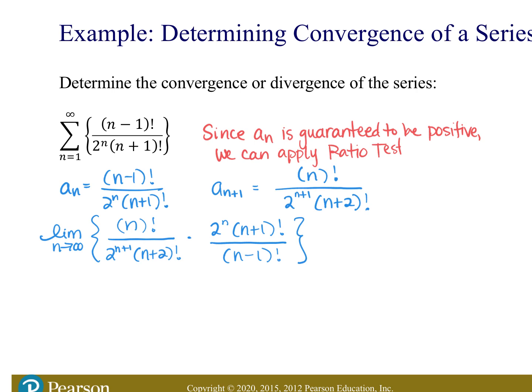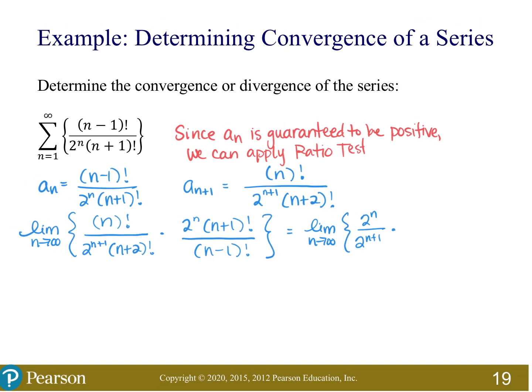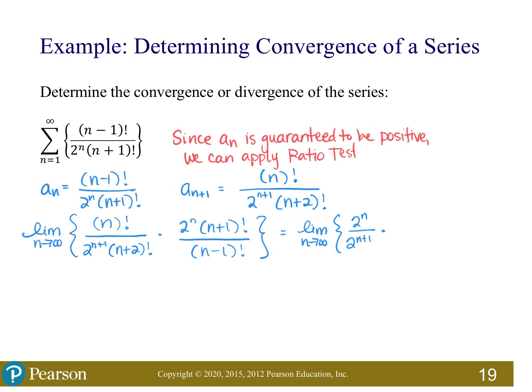And then I always line up and I group my terms that are similar to each other. So I'm going to start with the 2 to the n over 2 to the n plus 1, because that's always an easy one for me to do. I can see that it's going to reduce, and I'll be able to pull a constant out to the front. In terms of the factorials, I tend to group the factorials together that are closest to each other, but there's really no right or wrong way to do it.